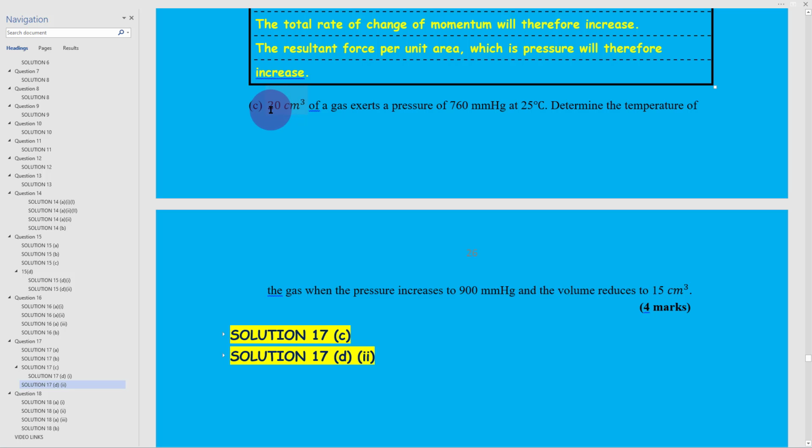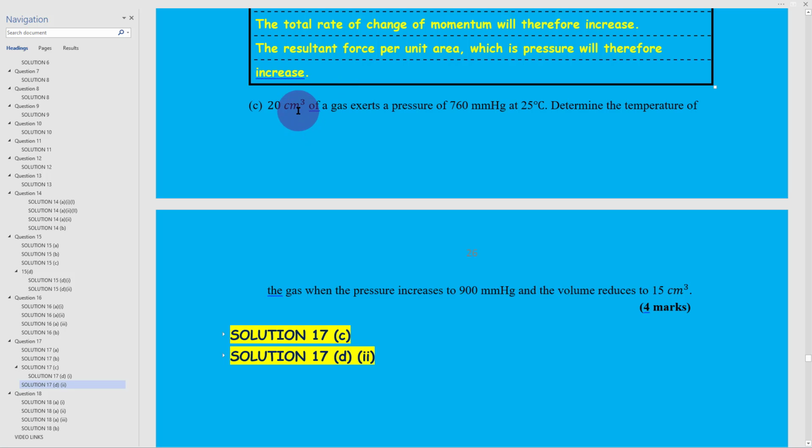Part C of question 17, we are told that 20 centimeters cubed of a gas exerts a pressure of 760 millimeters of mercury at 25 degrees Celsius. Determine the temperature of the gas when the pressure increases to 900 millimeters of mercury and the volume reduces to 15 centimeters cubed.